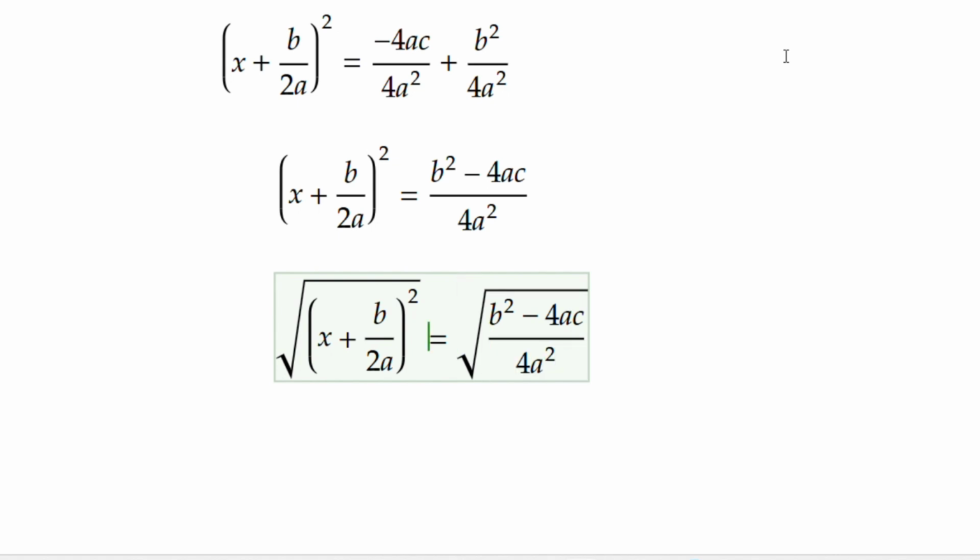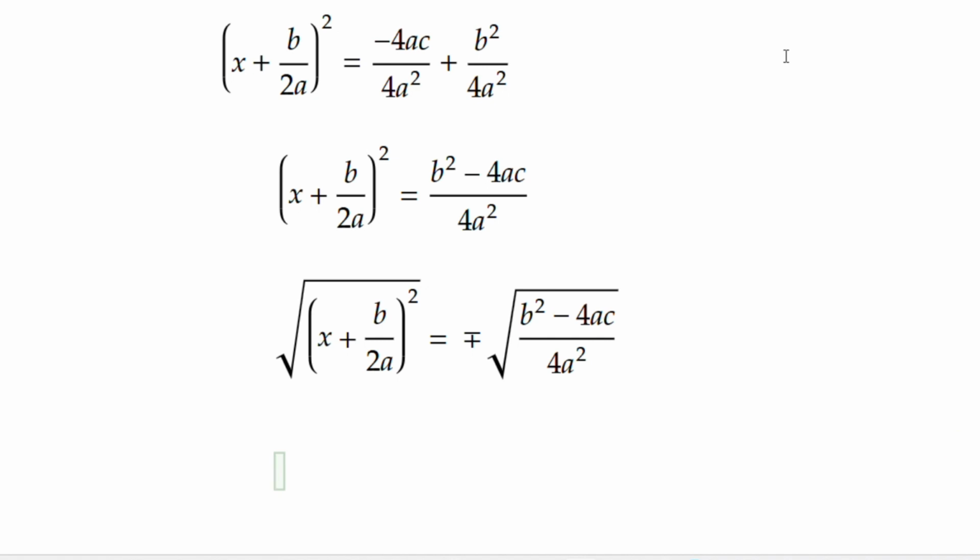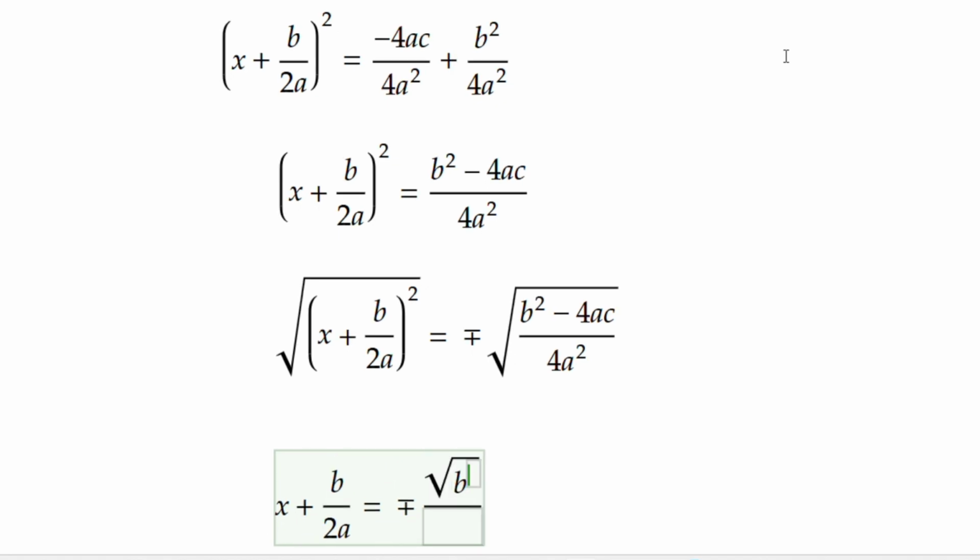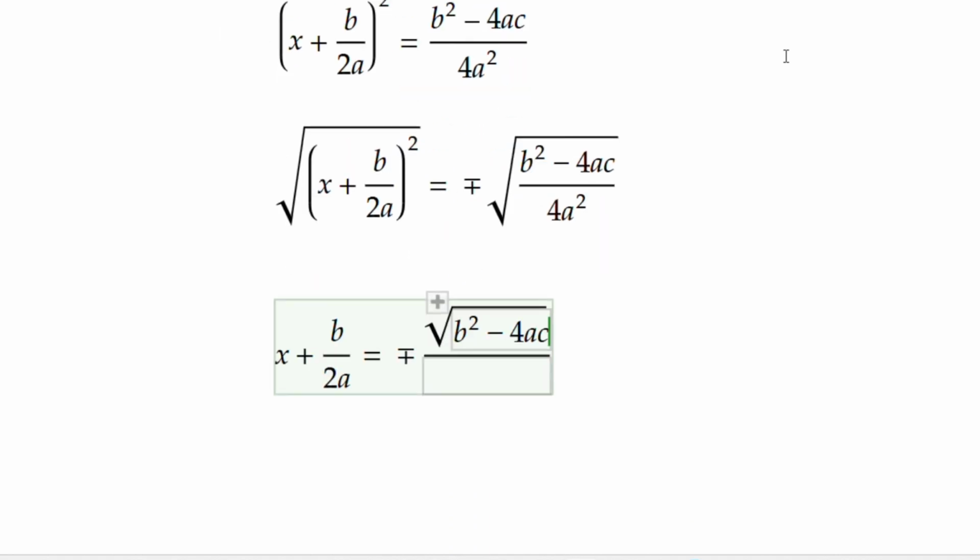Remember, the square root is negative or positive. So let's simplify this. Simplifying this, I'm going to get x plus b over 2a is equal to negative or positive square root of b to the power 2 minus 4ac, then over, the square root of 4 is 2, and the square root of a to the power 2 is a.